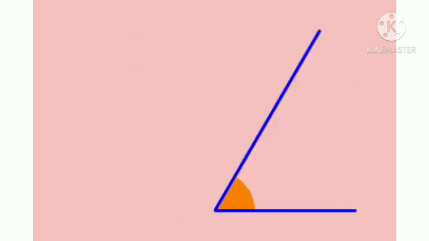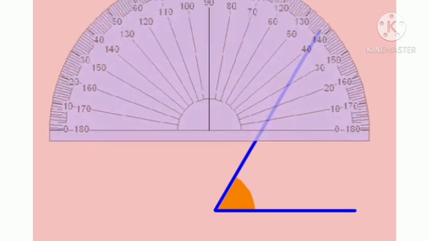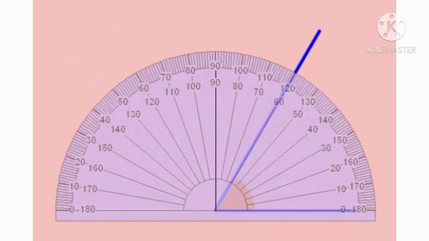I want to measure the size of this angle. First of all, I need my protractor. I need to move it into position over the angle. I line the baseline up carefully with the line at the bottom of the angle. The centre mark of the protractor needs to be exactly on the point of the angle.